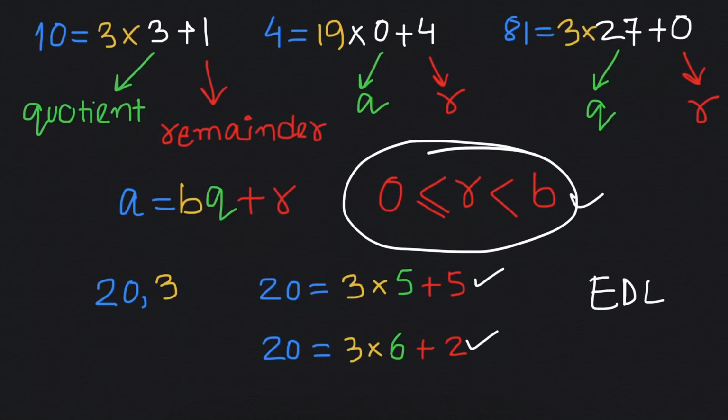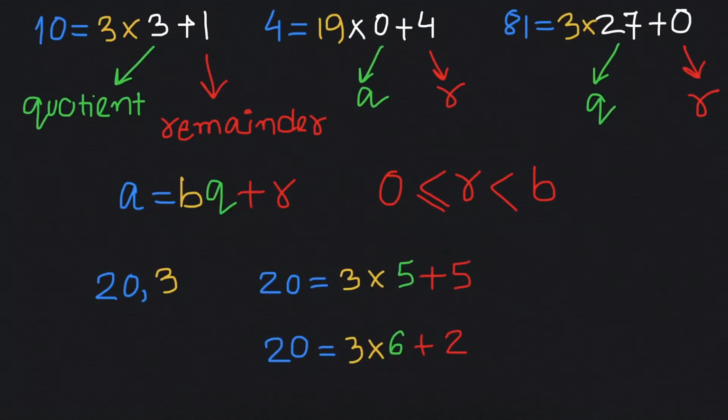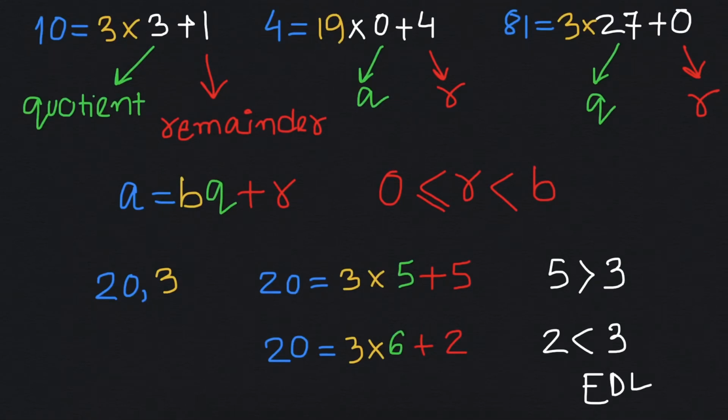This condition should be satisfied. So in the first expression, the remainder 5 is greater than the value of b, but here 2 is smaller than 3. So if we have to apply Euclid's division lemma, we have to consider this equation.